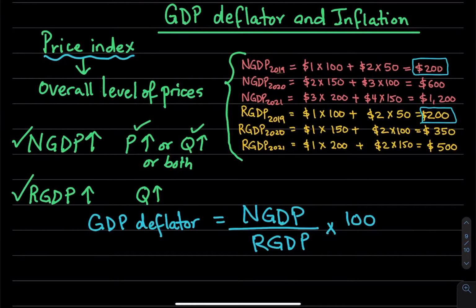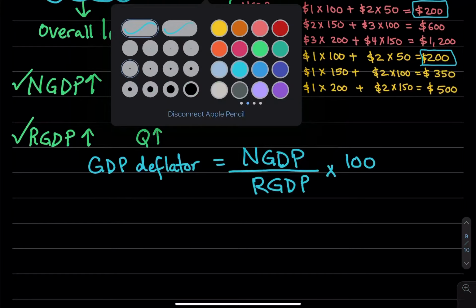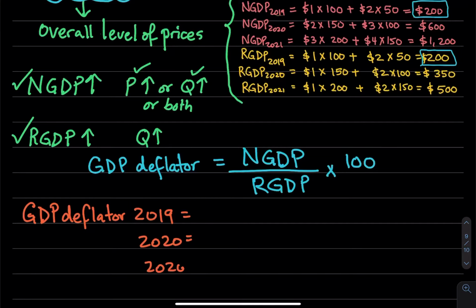So let's use this information to compute the GDP deflator for the different years given to us. This is a good time to pause the video and work through this on your own. The GDP deflator in 2019 equals, in 2020 equals, and in 2021 equals. This is what we have to calculate.